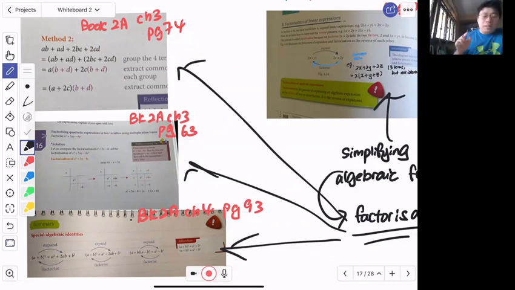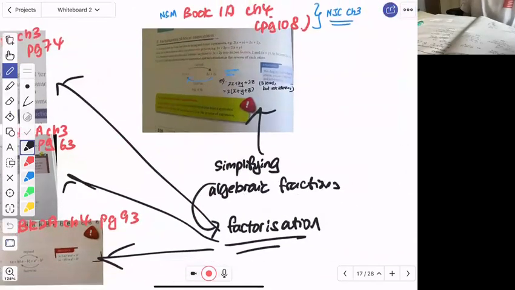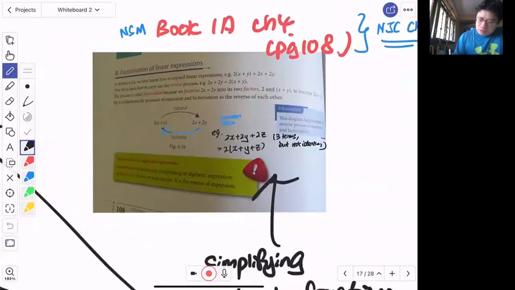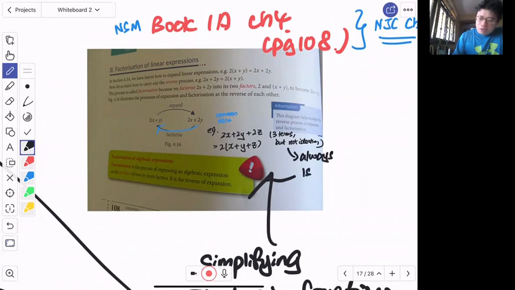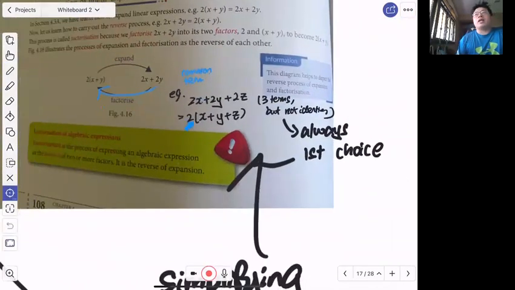Okay, the main thing is always to try common factor first. This is always the first choice, because sometimes after you do your common factor, you will find that inside you can do frame. You get what I mean?